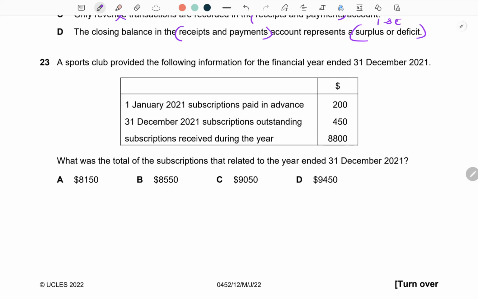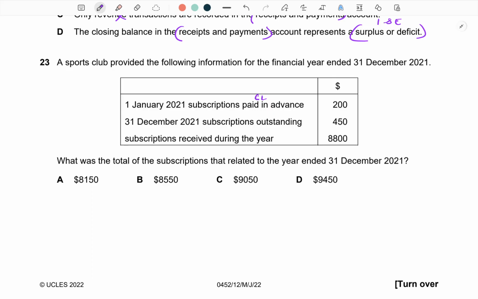You need to know whether it's a current asset or a current liability. Because subscription is your income, when you have income in advance, this is your current liability.